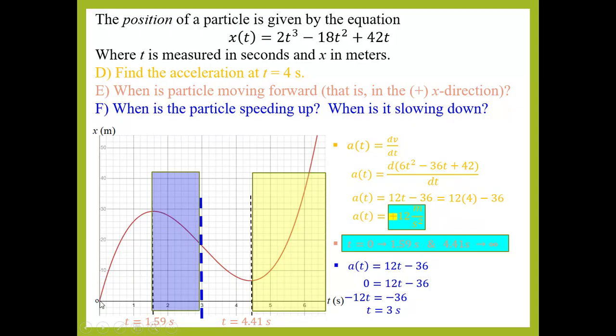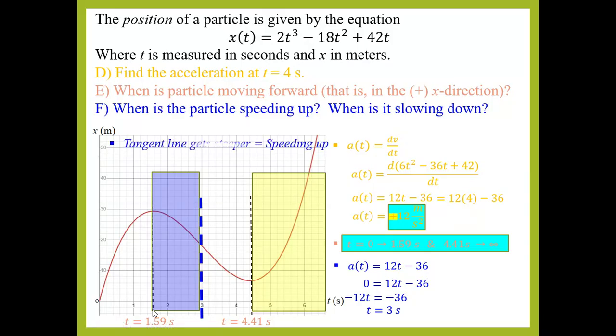Now, the next portion here says, when is it slowing down, right? Well, it's slowing down in the first segment here. If you kept up with the first part where I drew the motion diagram, the initial velocity was positive, and then the tangent line keeps getting more gradual and more gradual, and it eventually comes to a stop. So from 0 to 1.59 seconds, it is slowing down, right?